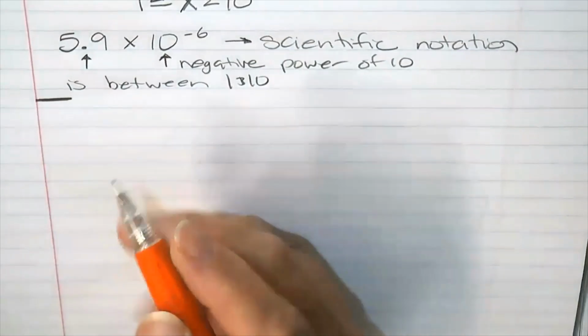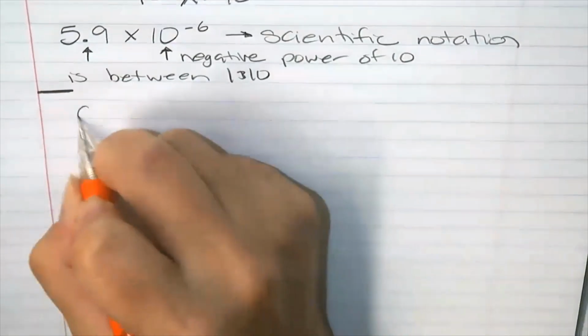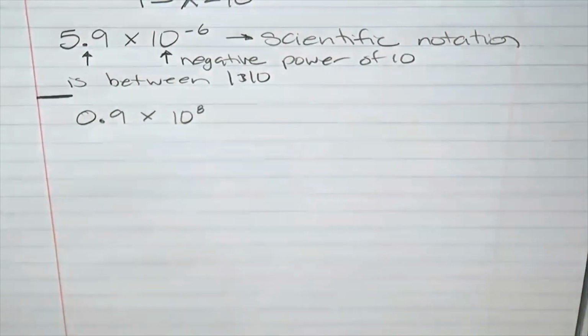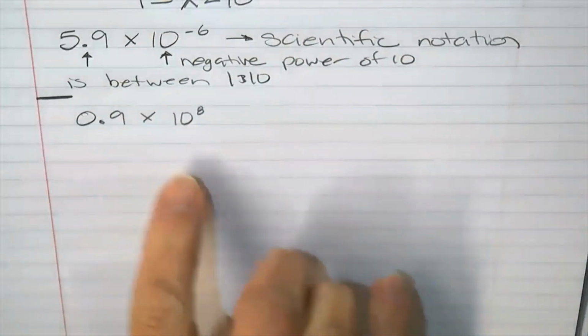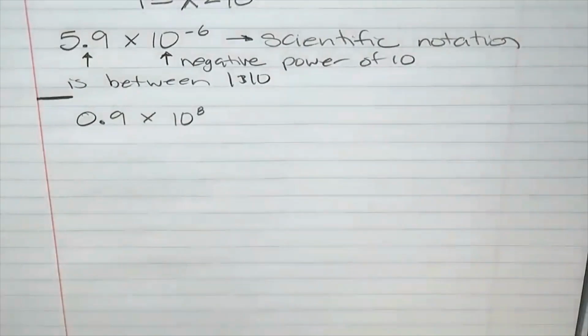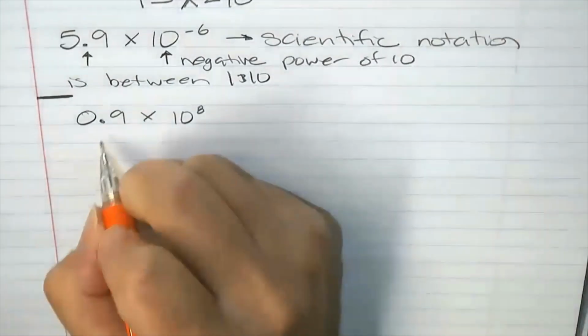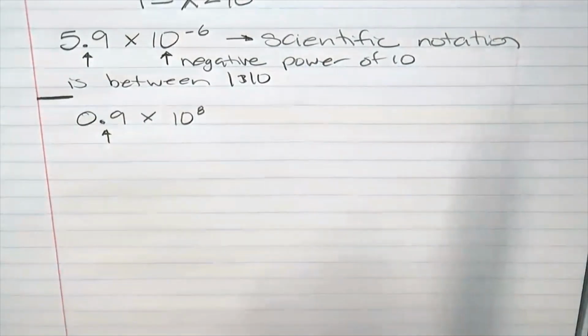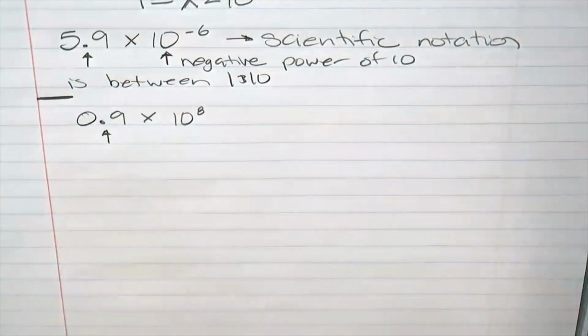So let's take a look at another one. 0 9/10 times 10 to the 8th power. Is this written in scientific notation? Well, let's find out. Is our first factor between 1 and 10? Is 9/10 between 1 and 10? That would be no. 9/10 is less than 1.